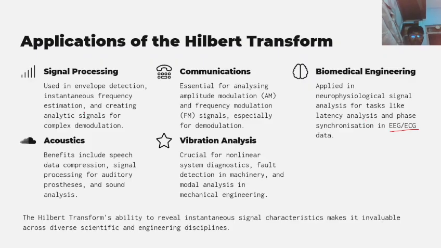Next, vibration analysis: crucial for nonlinear diagnostics, fault detection in machinery, and modal analysis in mechanical engineering. If there is any defect, we can find it with the Hilbert transform. The Hilbert transform's ability to reveal instantaneous signal characteristics makes it valuable across diverse scientific and engineering disciplines.